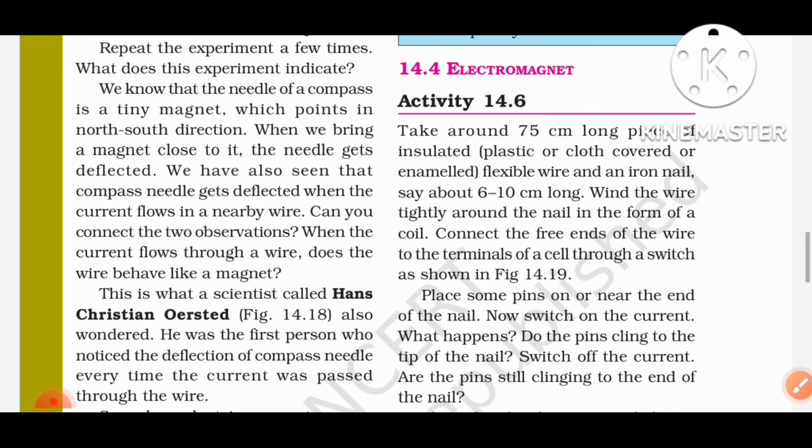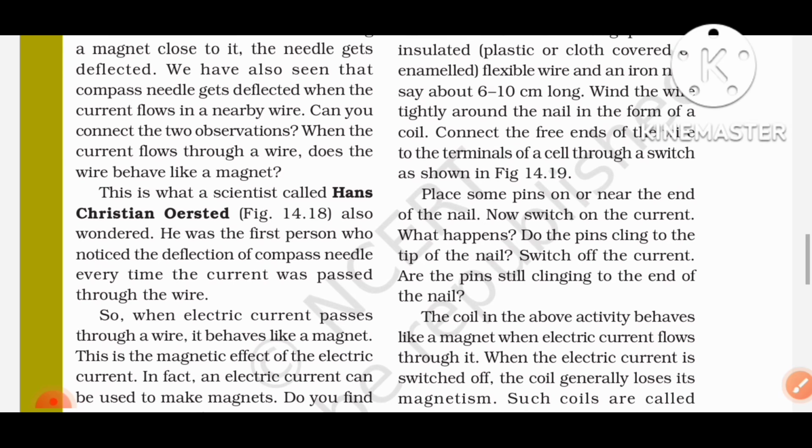Take around a 75 cm long piece of insulated plastic or cloth covered or enameled flexible wire and an iron nail, say about 6 to 10 cm long. Wind the wire tightly around the nail in the form of a coil.